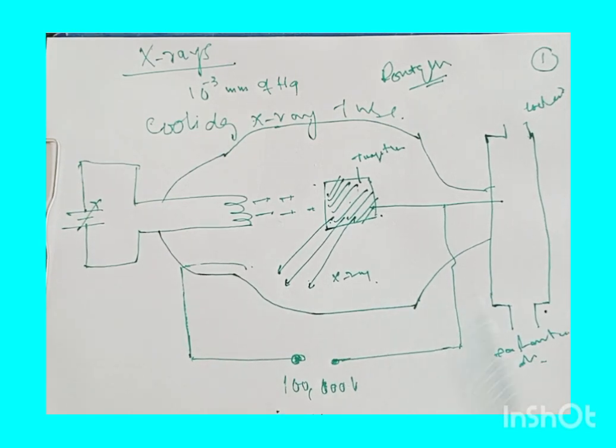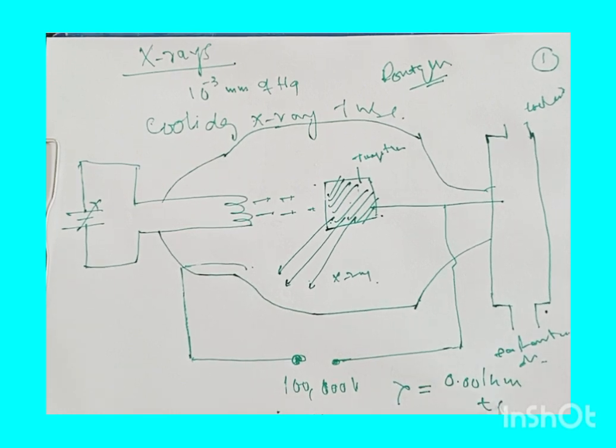First of all, these X-rays are electromagnetic waves. They have very short wavelength, ranging between 0.001 nanometer and 1 nanometer. They are highly penetrating rays and can even pass through solids which are opaque to ordinary light.